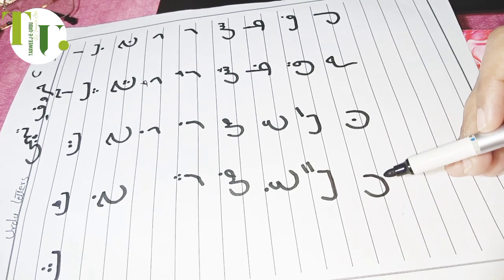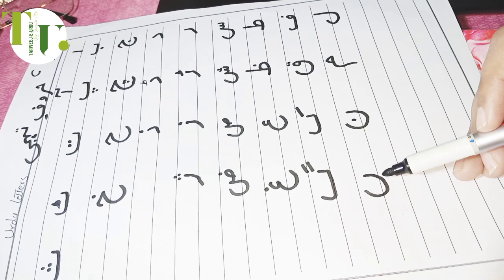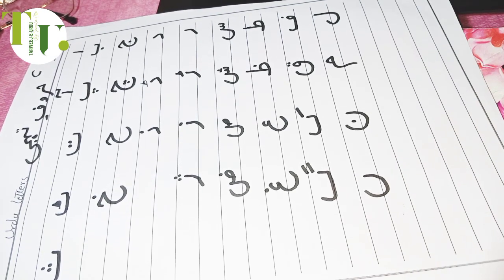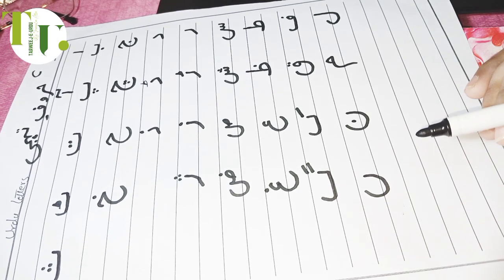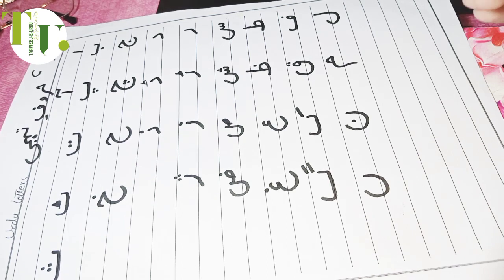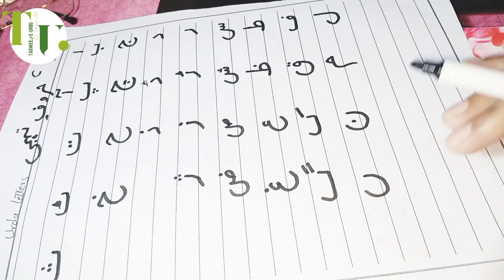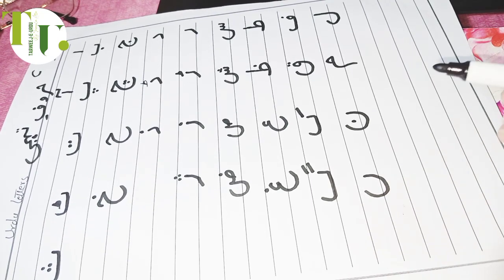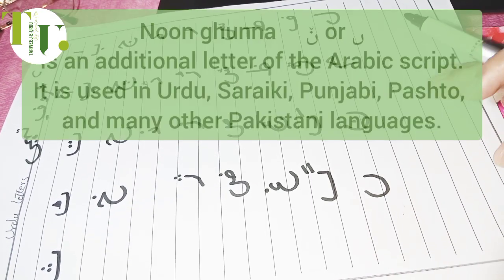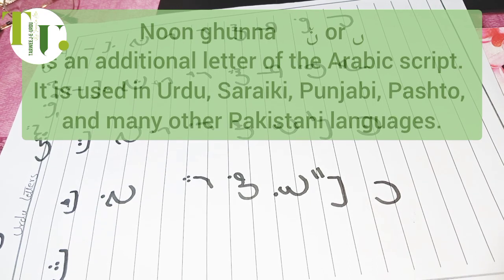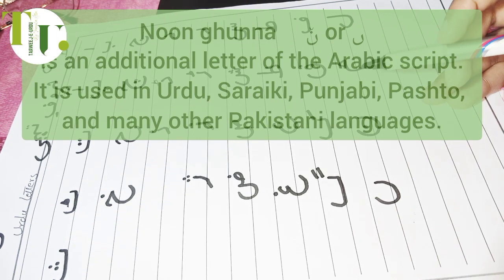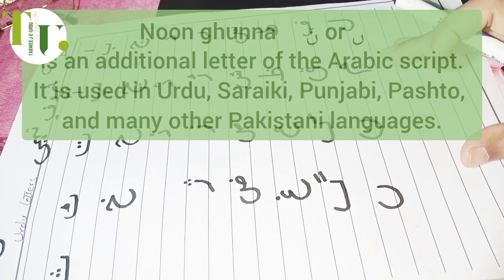But I think we should consider this a letter, because when you start learning the sentences or Urdu vocabulary, you will see that noon comes almost at the end of all the words. And it has a sound, but it has a closing sound. So why should you skip this letter when you are writing the basic haruf e-Tahajee? So you must write here lam, mim, noon, noon hunna.